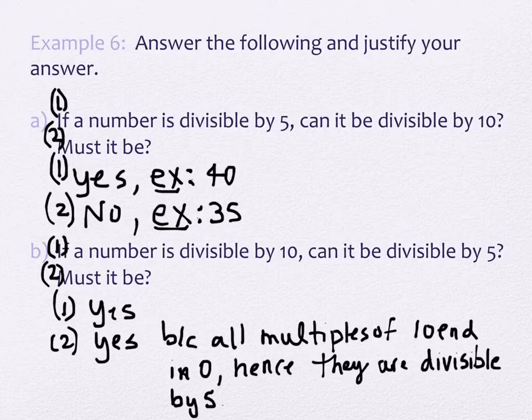Did everybody follow that? So that's different than part A, right? Because what's it take for a number to be divisible by 5? 0 or 5. Yeah, the ending digit can be a 0 or a 5, which means that some of them, the ones that end in 0, are divisible by 10, and some of them, the ones that end in 5, aren't.